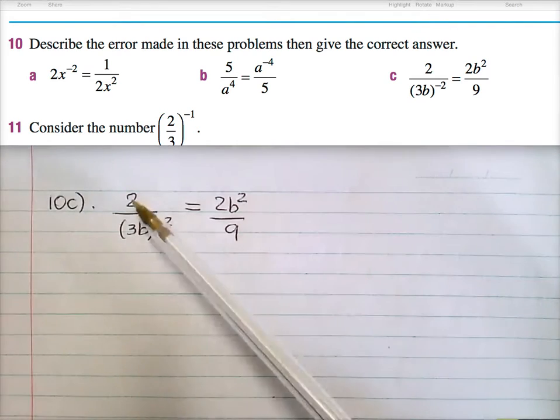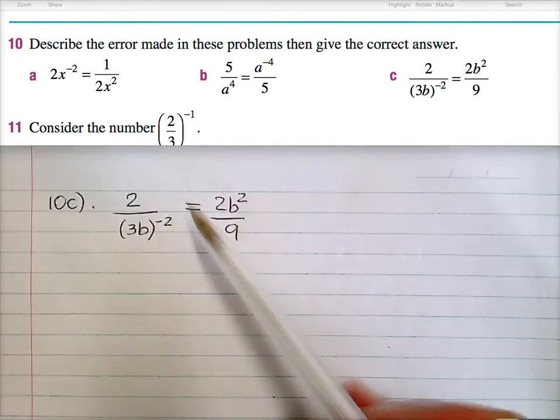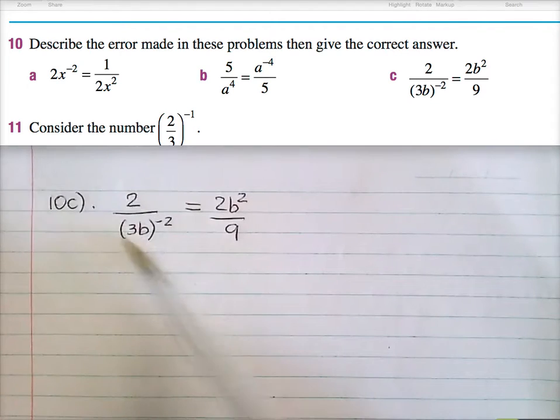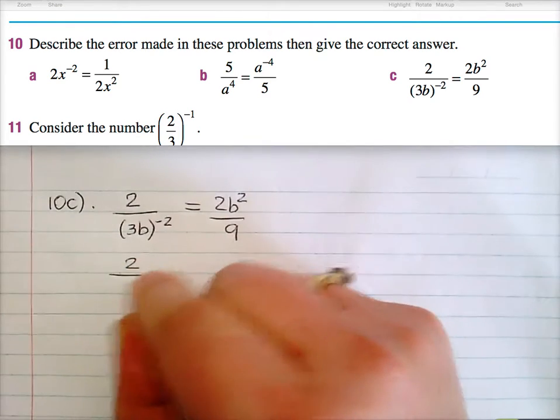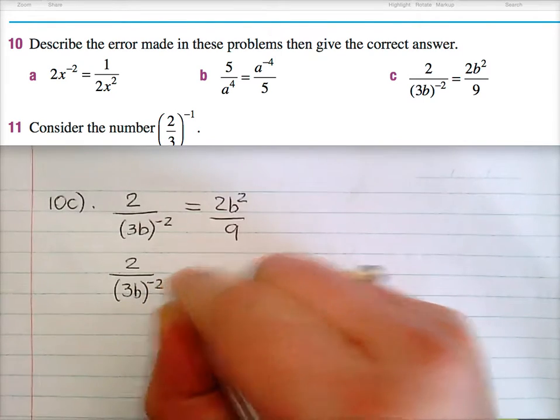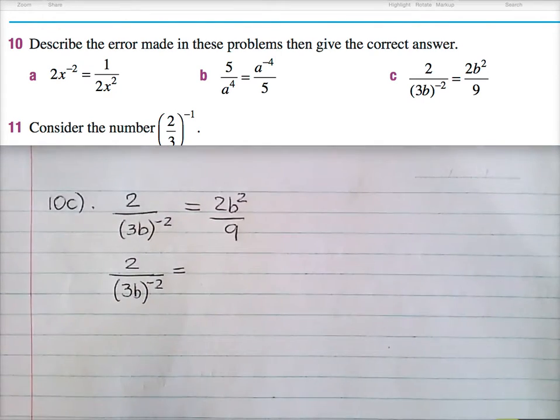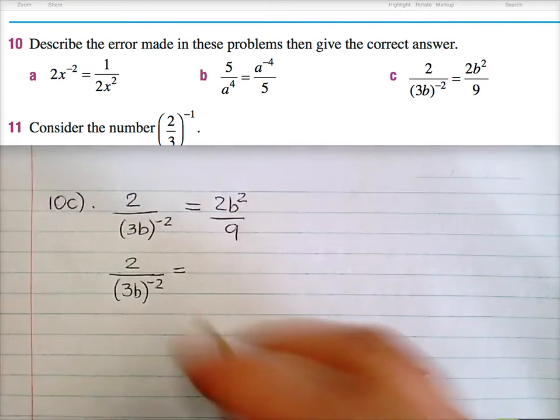Okay. It says question 10C, describe the error. The best thing to do is actually just work out what it is, and then you can explain the error. They don't want a sentence here. They want mathematical working then with a little explanation. So I would start with this side here, 3b to the negative 2, and I would write what that means. So I'm starting with my left-hand side, which is this.